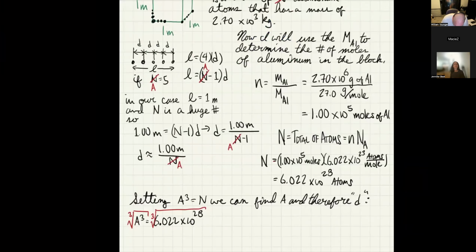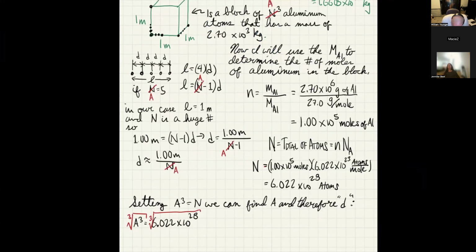So that's a cube root of both sides. And what we're going to get is that A is equal to 6.02 times 10 to the 23rd raised to the 0.333333, or in other words, the 1/3 power. And that's the same thing as taking the cube root.